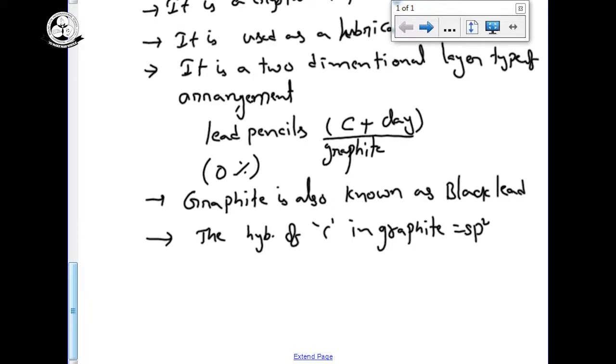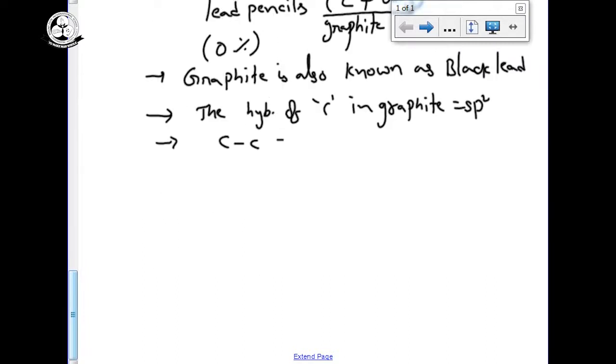The carbon-carbon bond length in graphite is 1.42 angstroms.